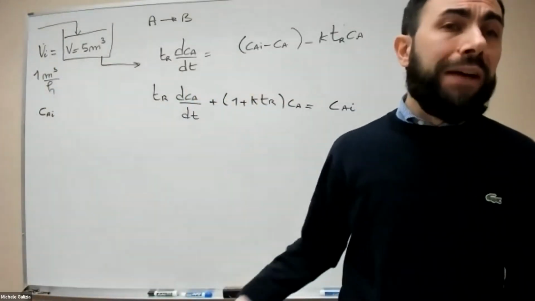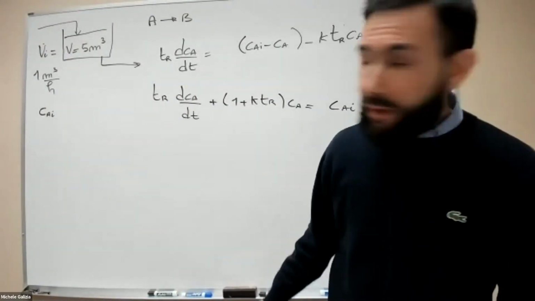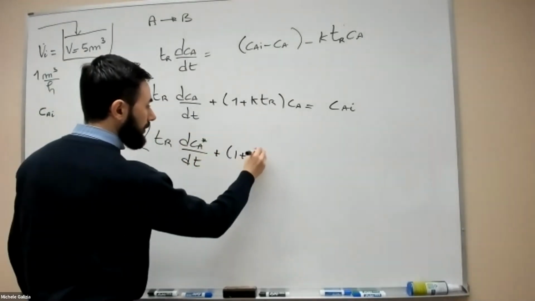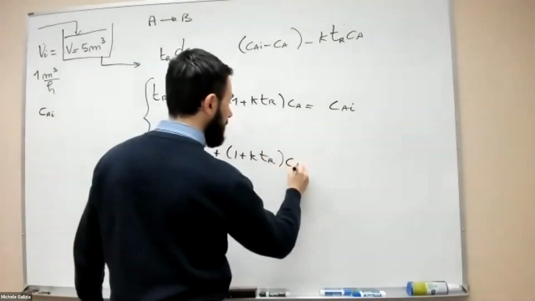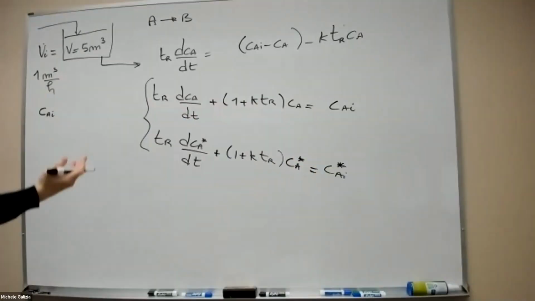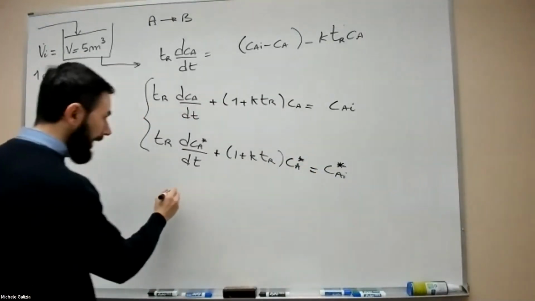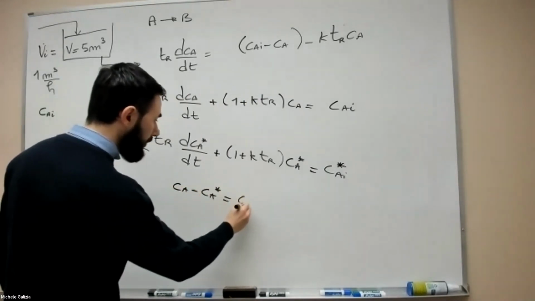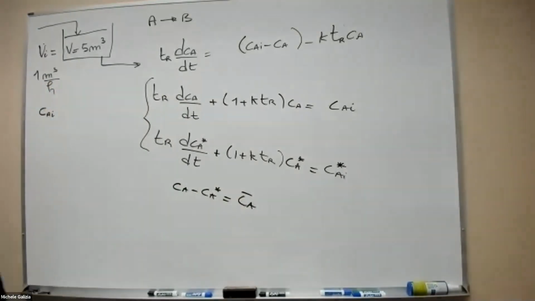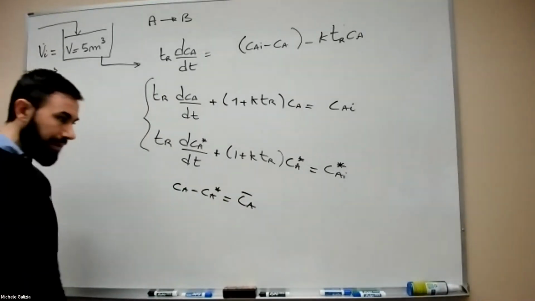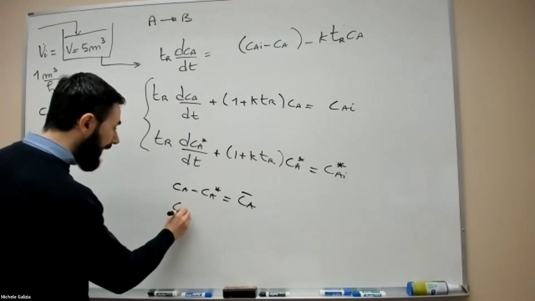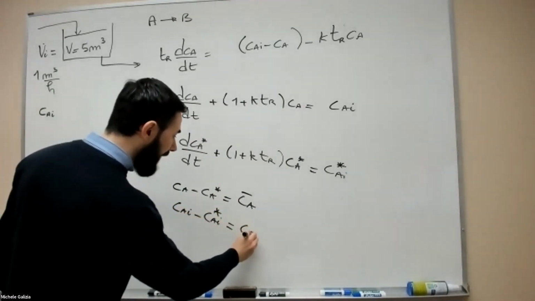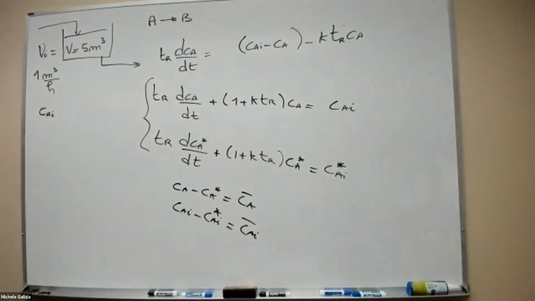What's the next step? We have to write it in the deviation variable form. So basically, let's subtract the model written in the original steady state, term by term, and we define CA minus CA star equal to CA deviated, which is exactly the experimental datum that we have, and CAI minus CAI star equal to CAI deviated.